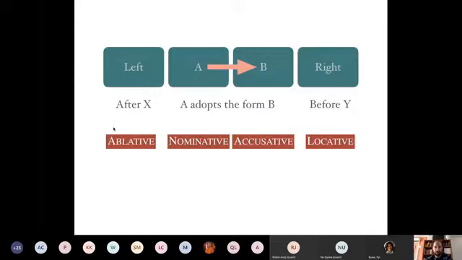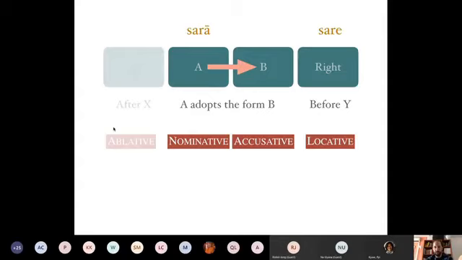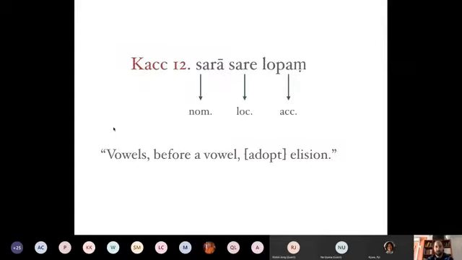So if we follow the scheme or the structure of the replacement, here we don't have the left context. That is irrelevant in this case. We don't always need it. So we start with sara in the nominative. Sare, right context, before vowel. They adopt the form of lopa, elision. So sara, sare, lopam, vowels before a vowel, adopt elision.